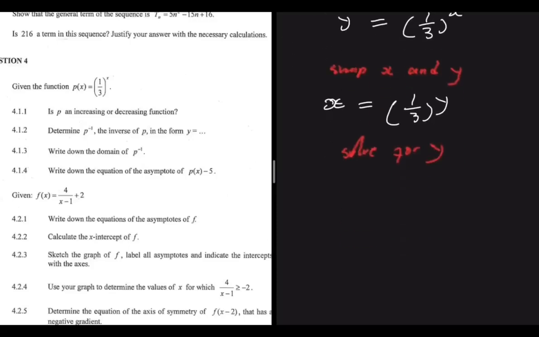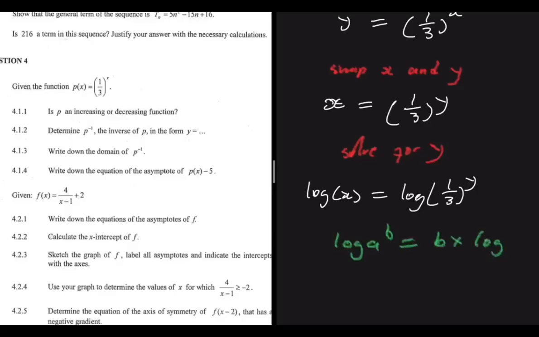So how are we going to possibly do that, right? y is up here. We have to bring it down by introducing log on both sides. So we're going to have log of x being equal to log of (1 divided by 3) to the y. Now you just have to recall that under log laws, log of a to the b is equal to b multiplied by log of a.